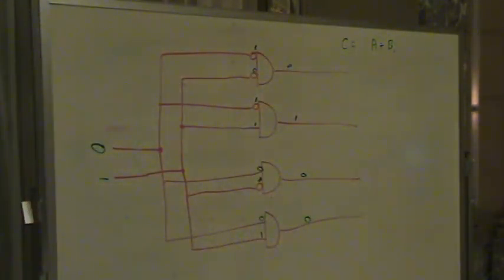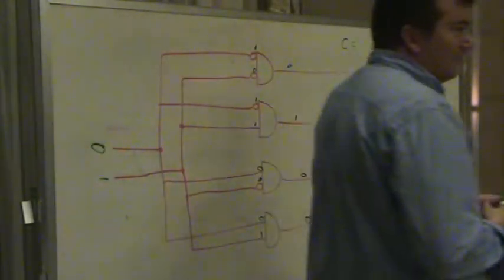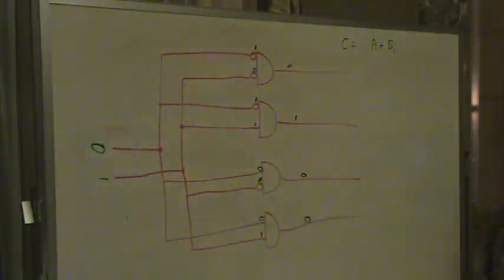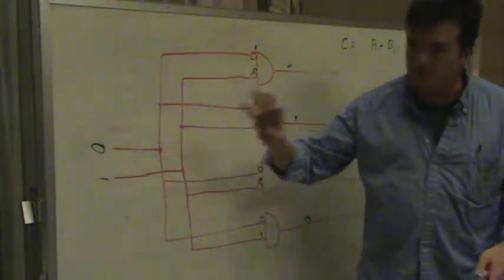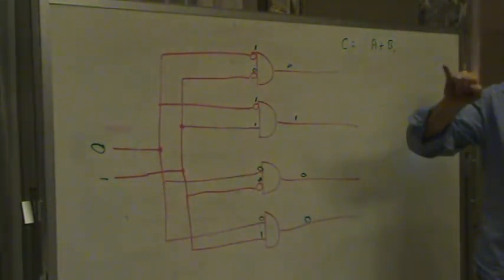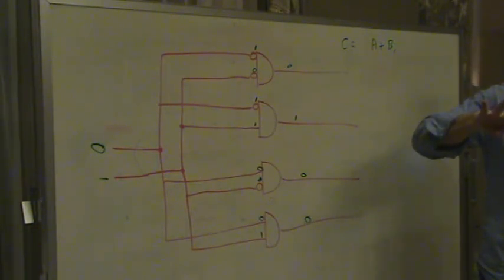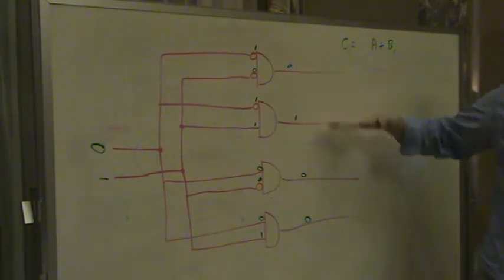So if you were to describe in English, what is this thing doing? If you tried all the other 3 combinations, you'd get it, but do you see the pattern of what it's doing? With these 2 inputs, there's 4 combinations, 0, 1, 2, and 3 in binary. And each time we're going to get a different result.